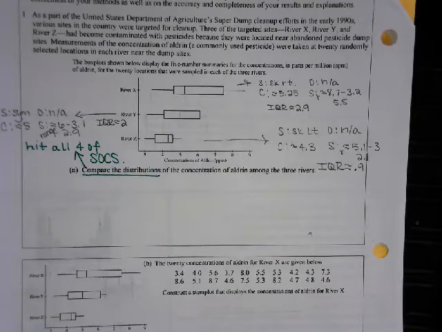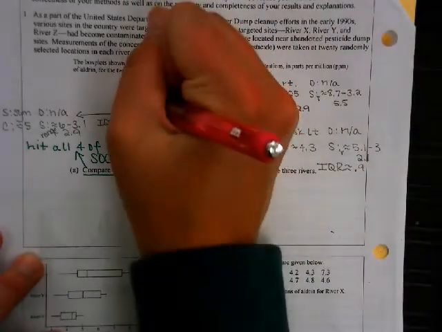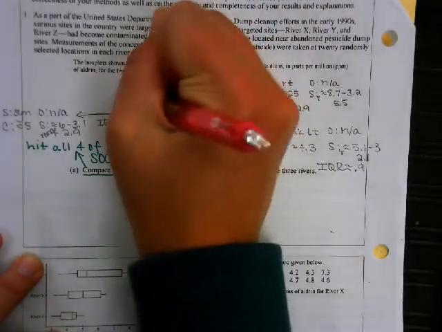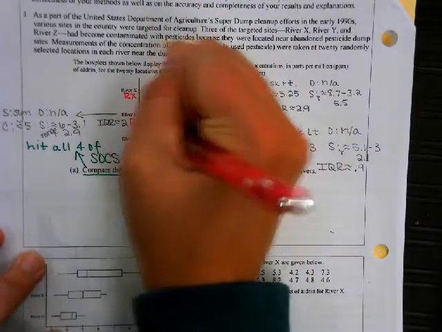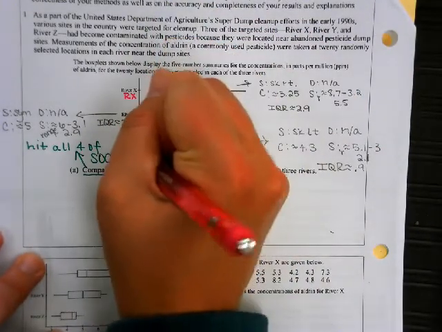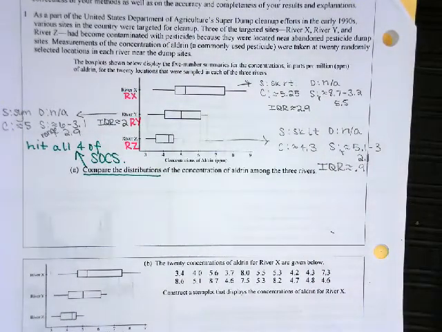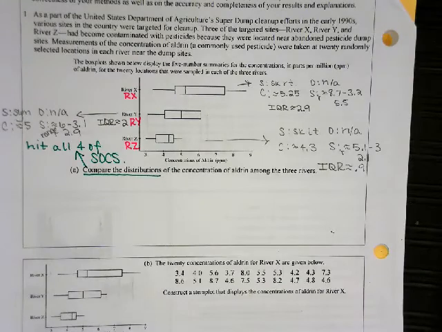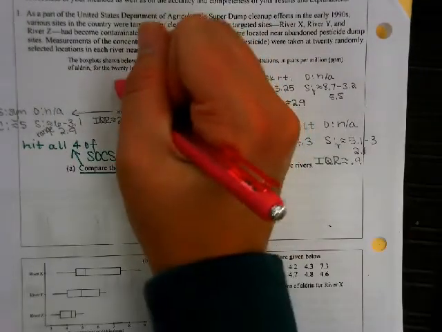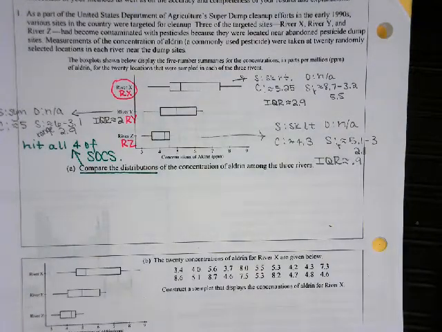And I go in order, you don't have to. I am going to abbreviate river X as RX, river Y as RY, and river Z as RZ. By the way, if you like to use abbreviations, as long as you make some note, I will accept them and they accept them on the AP exam, as long as we can know what your abbreviation means.